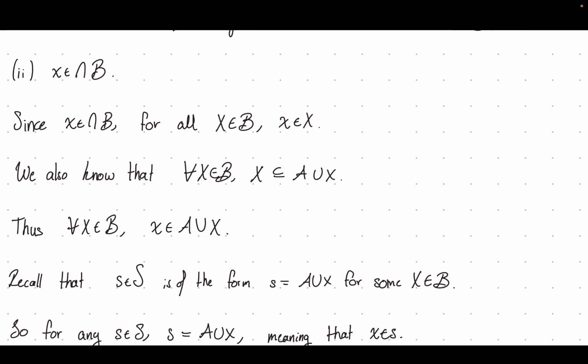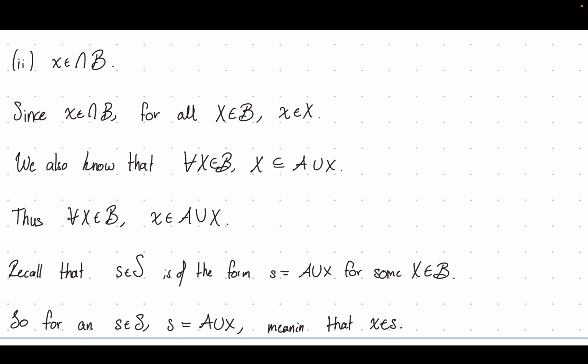All right, so there we go. Just to recap, because this has been a pretty messy part, we assume that little x is in the intersection of B. So since x is in the intersection of B, it has to be in every element of B. You pick out any big X in B, and little x has to be in that big X. Now, we also know that if you union X with anything, then X is going to be a subset.